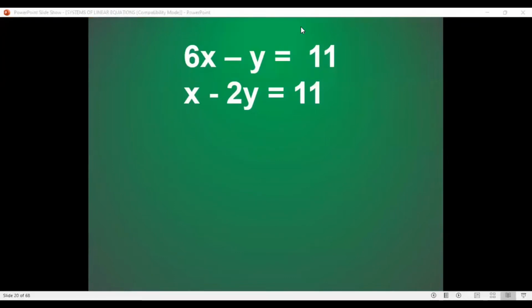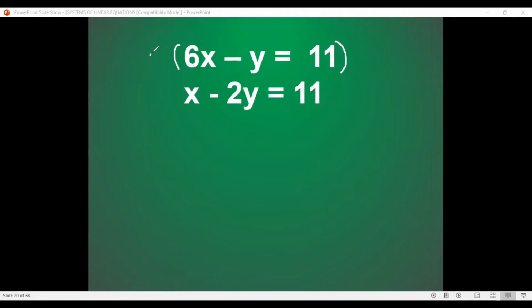So in this case, we choose to eliminate your y by multiplying our first equation by the number that will make it equal to the negative 2y that you have in the other equation.